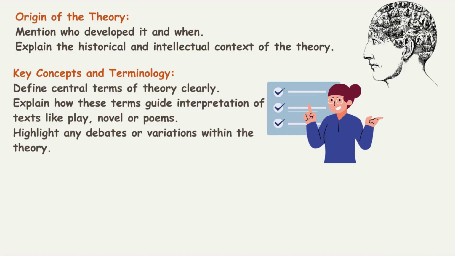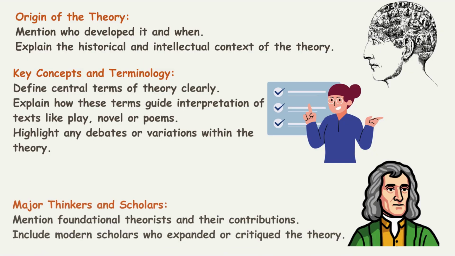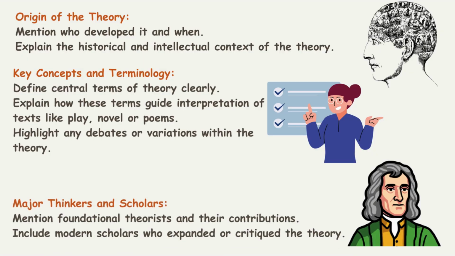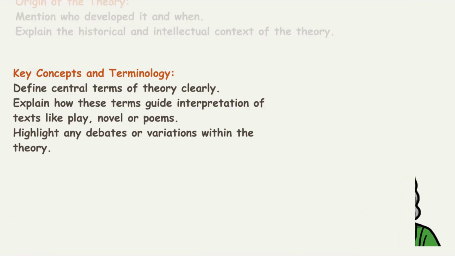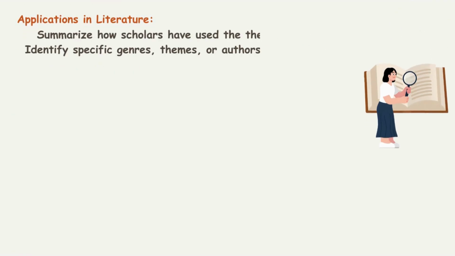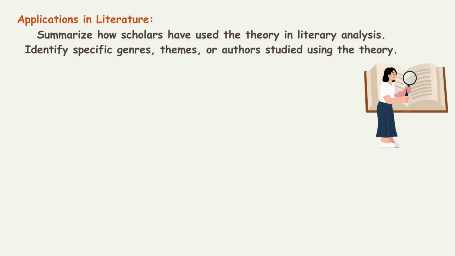Highlight any debates or variations within the theory. Major thinkers and scholars: mention foundational theorists and their contributions, and include modern scholars who expanded or critiqued the theory. Applications in literature: summarize how scholars have used the theory in literary analysis, and identify specific genres, themes, or authors studied using the theory.